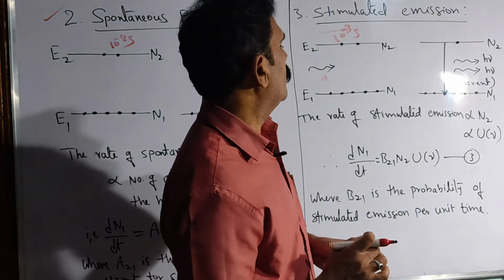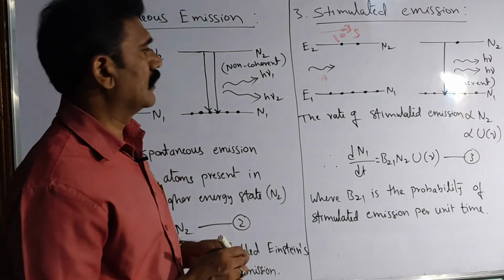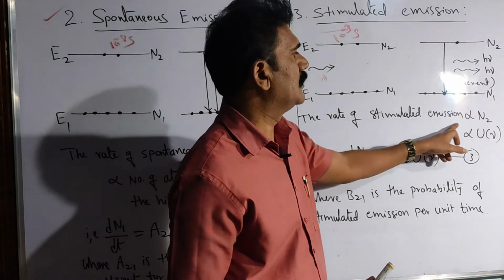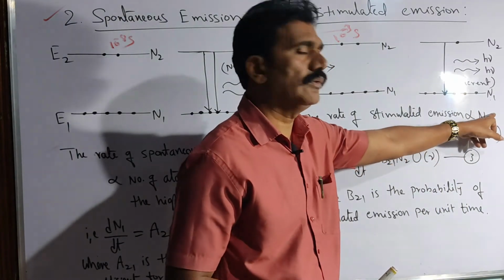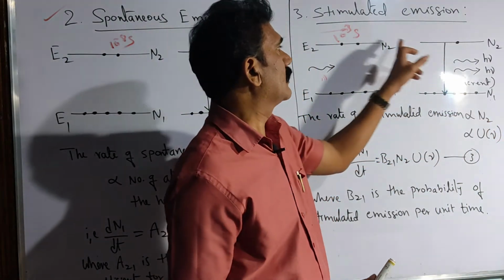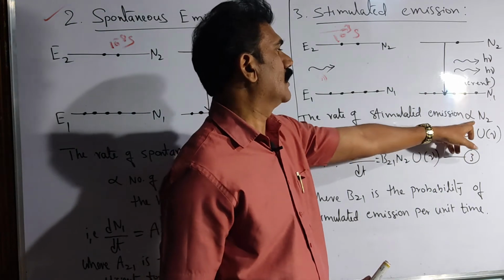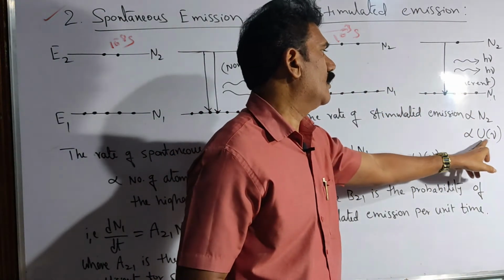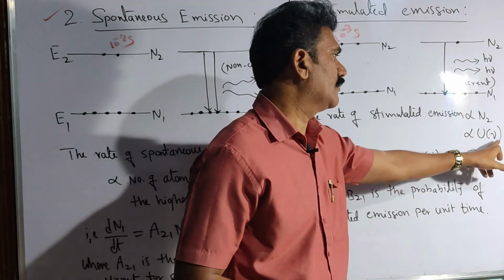Now, this particular mechanism of radiation depends on what? The rate of stimulated emission is directly proportional to N2, the number of atoms present in N2, and also depends upon the incident photon radiation energy density, U of nu.